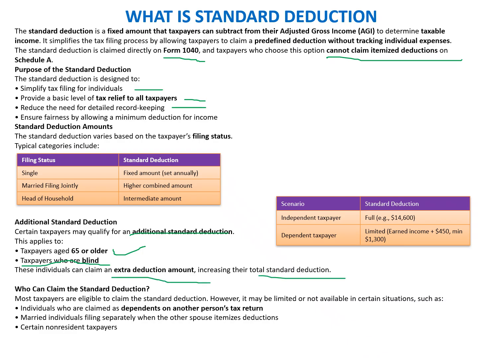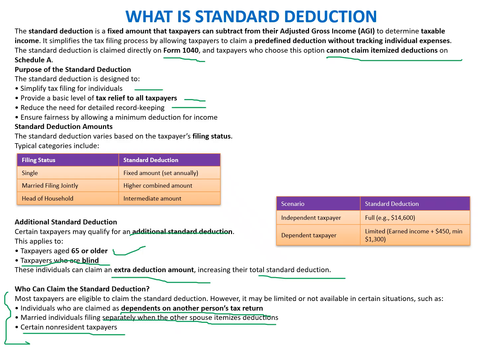Who can claim the standard deduction? Most taxpayers are eligible to claim the standard deduction. However, it may be limited or not available in certain situations, such as an individual who is claimed as a dependent on another person's tax return, a married individual filing separately when the other spouse itemizes deductions, and certain non-resident taxpayers. So if somebody is filing a return and an individual is claimed as a dependent on that person's return, then this dependent cannot claim the standard deduction.